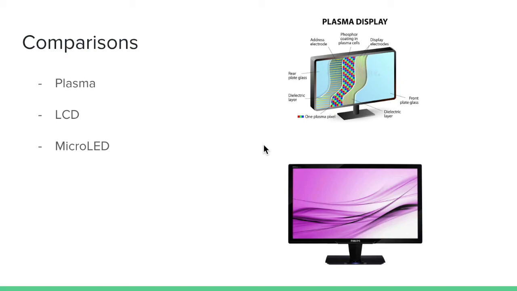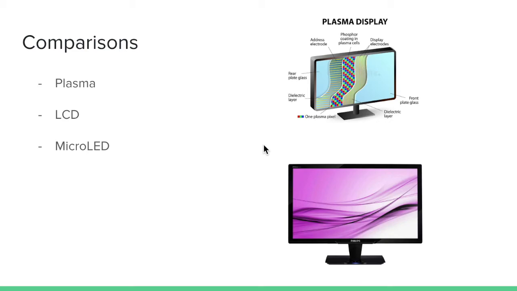The next screen is LCD. LED LCD screens, more commonly known as just LCD screens, are considered to be the standard for commercial screens available today. They overtook plasma screens in the year 2007 and are now competing with OLED and micro LED for screen option.